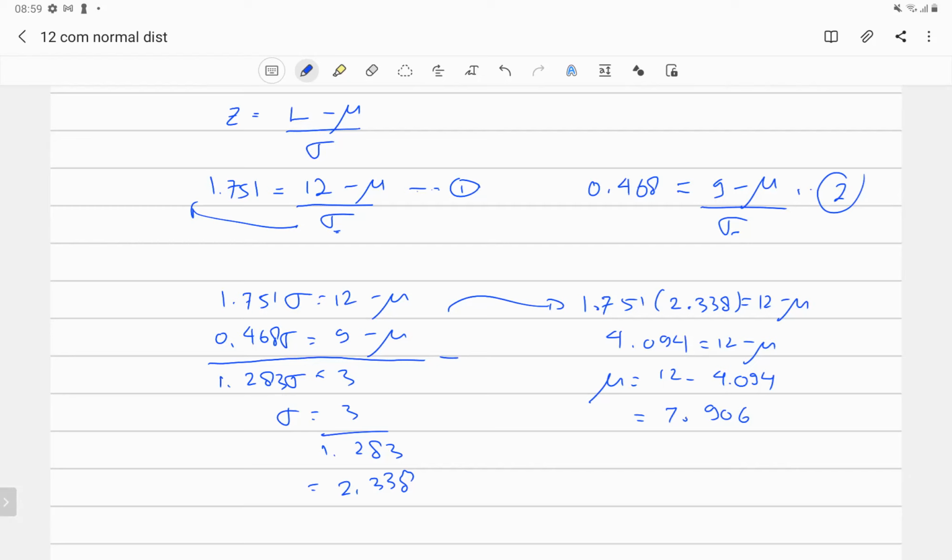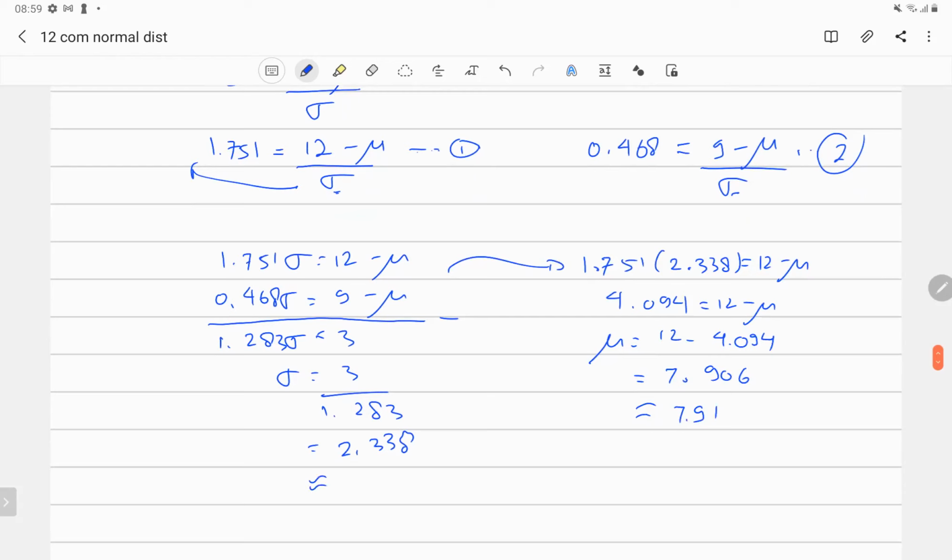The standard way in calculating will be three significant figures. So we can write them here. This is about 7.91, and this is about 2.34. That's how we are going to have them here.